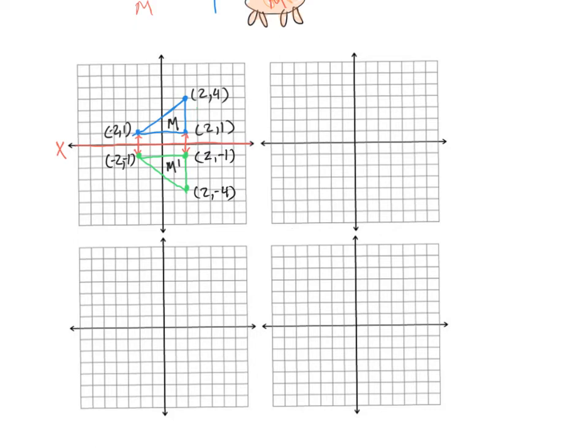Okay, so let's try a different one. Let's do the same shape, but we want to reflect it over the y-axis. So I'm going to put my coordinates for the original triangle here. We want to reflect this triangle over our y-axis. Our y-axis, once again, is the line that goes up and down.